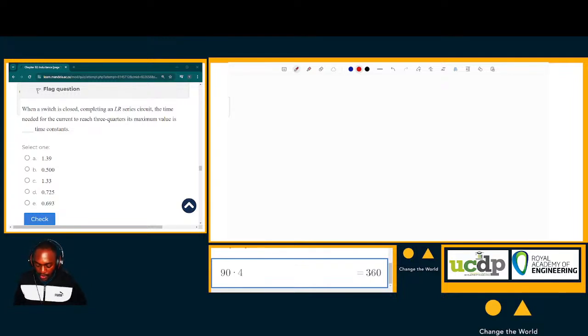So the expression, you must have come across it in class for an exponential increase. You have your I equals I max, right, times 1 minus e to the negative Rt over L. Do you remember the expression? Yes, sir, I do. So this is your exponential.